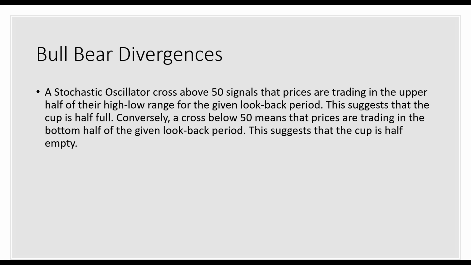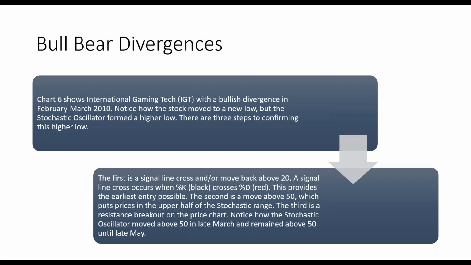So think of that 50-yard line as telling you which team has gained the strength at the moment. A stochastics oscillator cross above 50 signals that prices are trading in the upper half of their high-low range for the given look-back period. This suggests the cup is half full. Conversely, a cross below 50 means prices are trading in the bottom half of the given look-back period, and this suggests the cup is half empty.